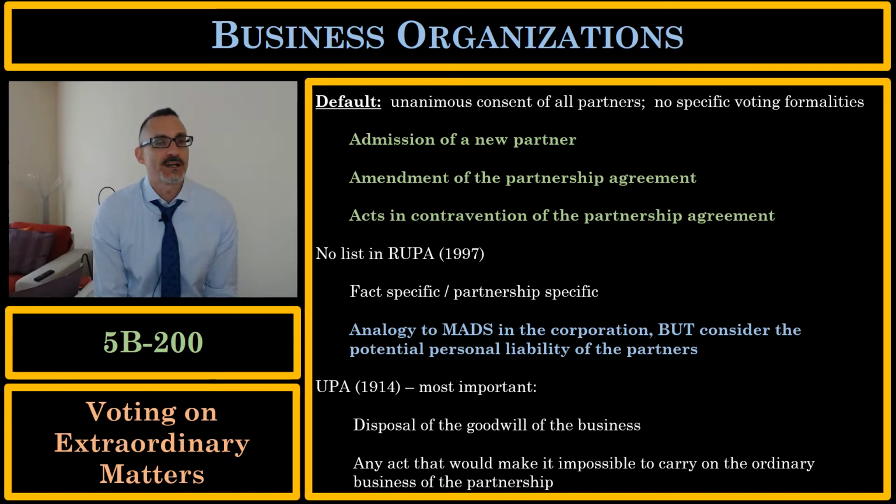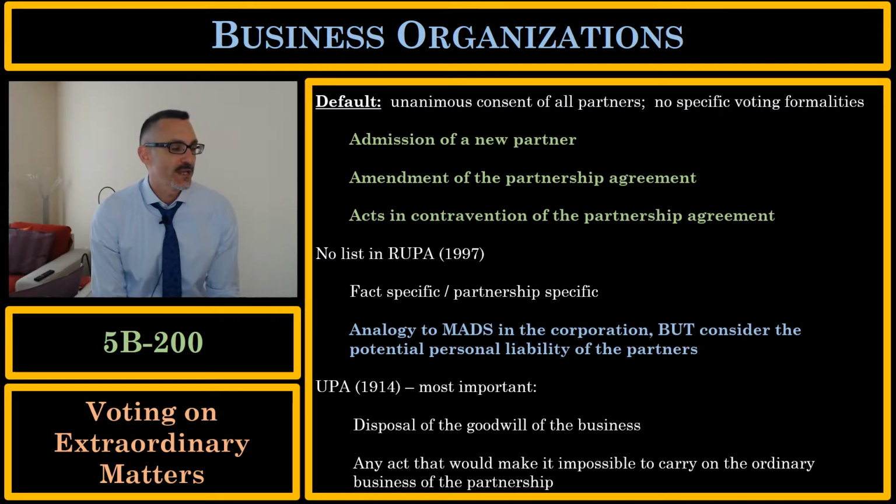So we talked about how to value a business, and we understand that a business is worth more than its assets minus liabilities. The value of the business is in the ability to generate profit. So anytime you're selling the business or you're selling the goodwill of the business, the ability of the business to generate these profits, it is an extraordinary matter.